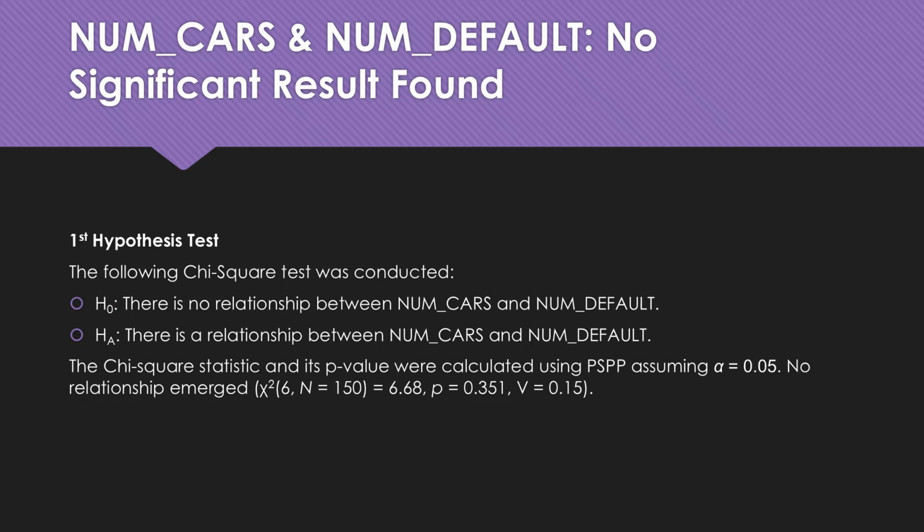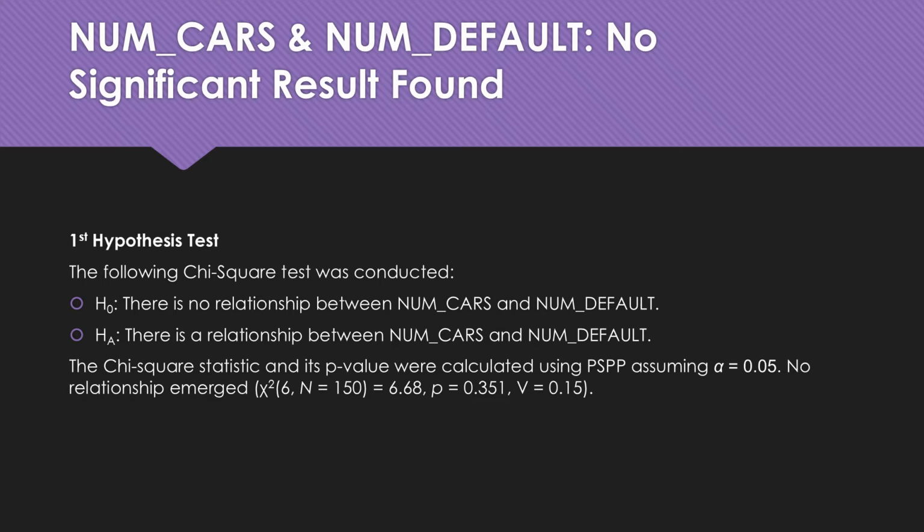As we look at the first hypothesis testing, the following chi-square test was conducted. The null hypothesis states that there is no relationship between the number of cars and the number of defaults, while the alternative hypothesis states that there is a relationship between the number of cars and the number of defaults. The chi-square statistic and its p-value were calculated using PSPP, assuming an alpha value of 0.05.